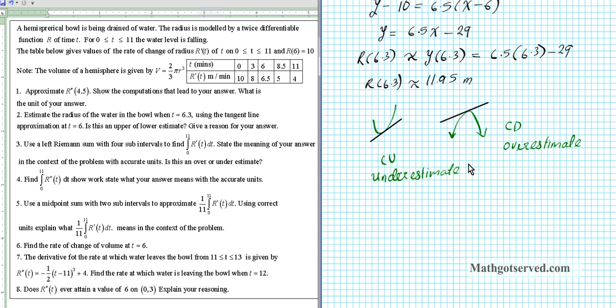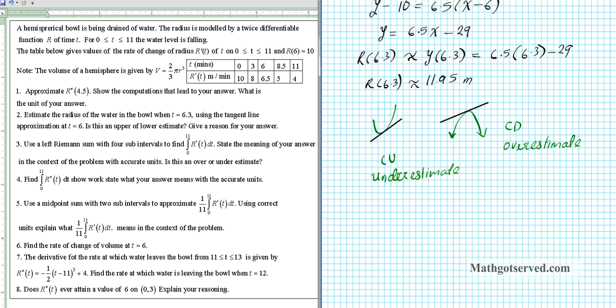The first thing we want to look at is the first derivative. What is the first derivative looking like around 6.3? The first derivative is falling at that point. Notice how the first derivative is falling.